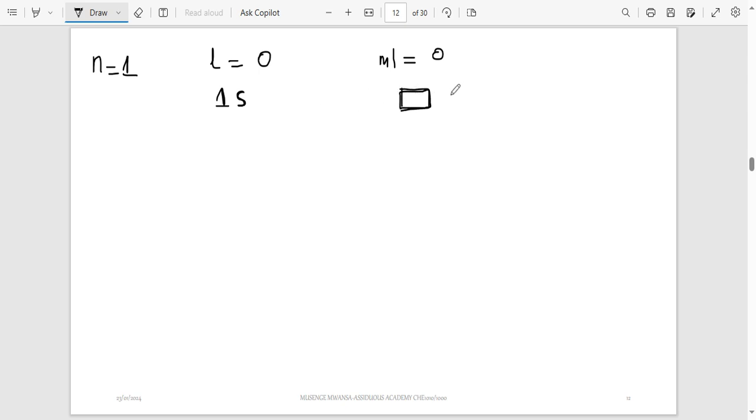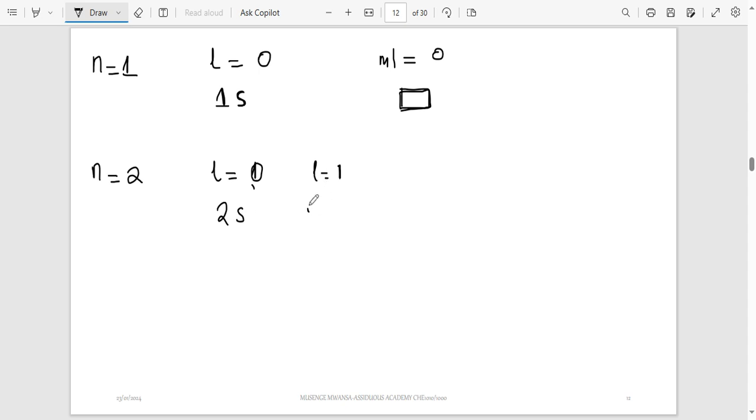So it can only have how many electrons? Two electrons. When n is equal to 2, remember we said L is a number from 0 all the way to n minus 1. So you are going to have L being equal to 0 and L being equal to 1. When L is equal to 0, this is the s orbital, but it's in the second energy level, so this is going to be 2s.